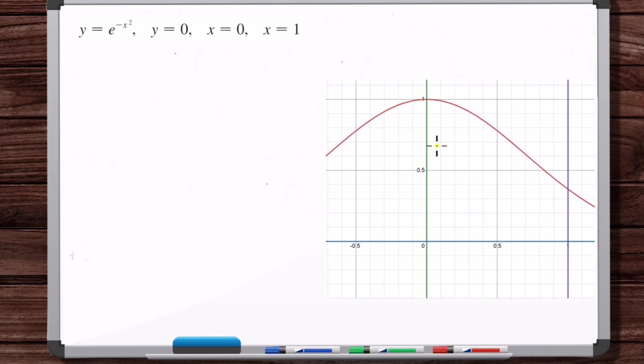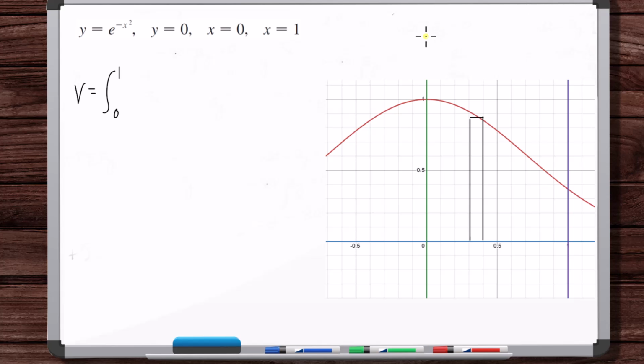Since we're revolving about the y-axis, we'll always use x as the independent variable. That should always be the case. Let's draw an element here, evaluated at the midpoint, like that. So we're integrating from x equals 0 to x equals 1.